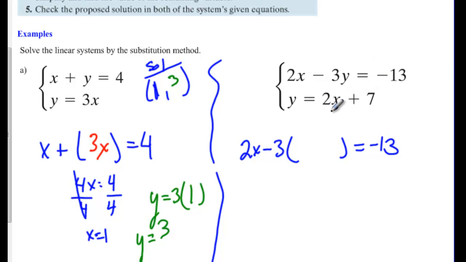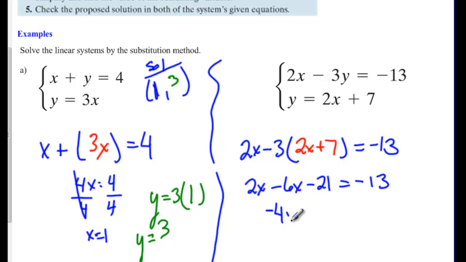I'm going to substitute in this 2x plus 7 because that's the same thing as y, exact same thing. We're going to go ahead and just crunch through it like we were with everything else. So distribute that negative 3. I'm going to combine like terms. We've got negative 4x minus 21 equals negative 13.